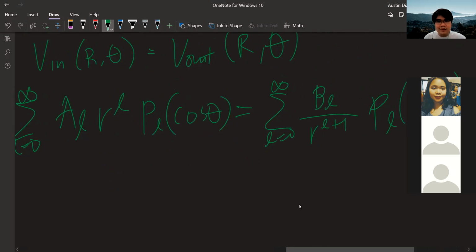Kita naman, no? So, I know agad na A, L, R, L must be, oops, sir, anong ginagawa mo? Dapat capital R yan, di ba? Capital R, capital R. Kasi at the boundaries tayo, dapat continuous ang solution. B, L, R, L plus 1.